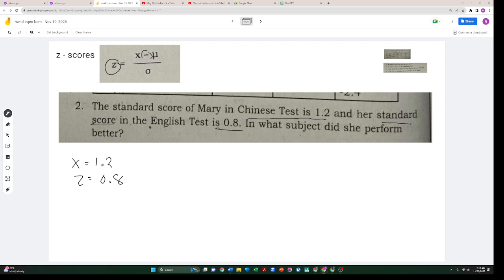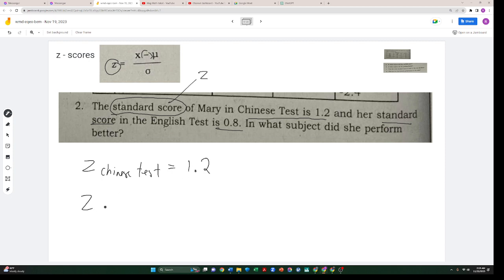Again, the standard scores of Mary in Chinese test. So yung standard scores mo na siya ang Z. So sa Z sa Chinese test which is 1.2, right?